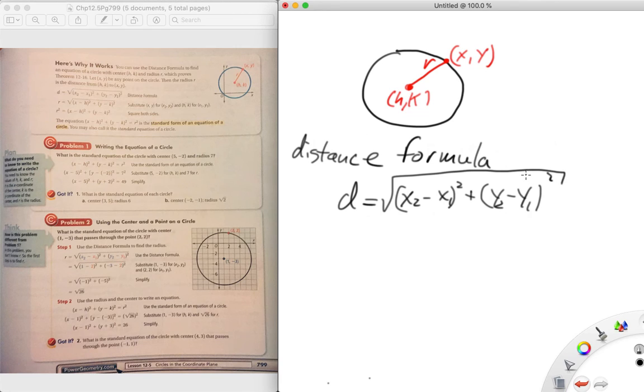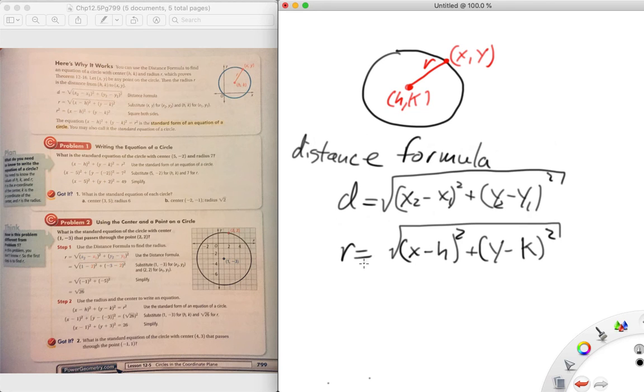In the case of the equation of a circle, instead of d, we're replacing that with r. Instead of x2, we're just going to call it x, and instead of x1, we're going to call it h. Instead of y2, we call it y, and instead of y1, we call it k, squared. That whole thing is square rooted.